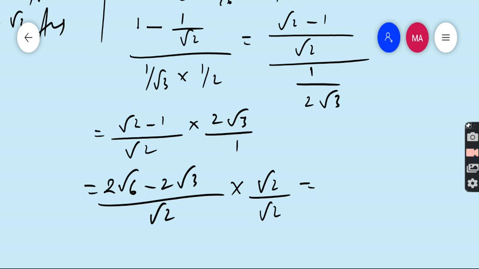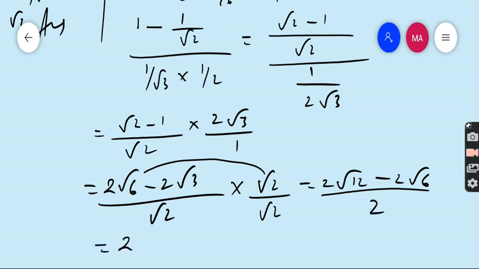Root 2 into root 3 is root 6, and root 2 into root 2 is 2.